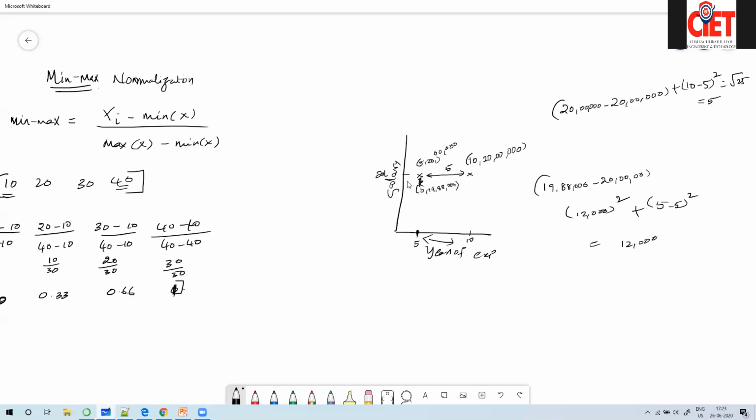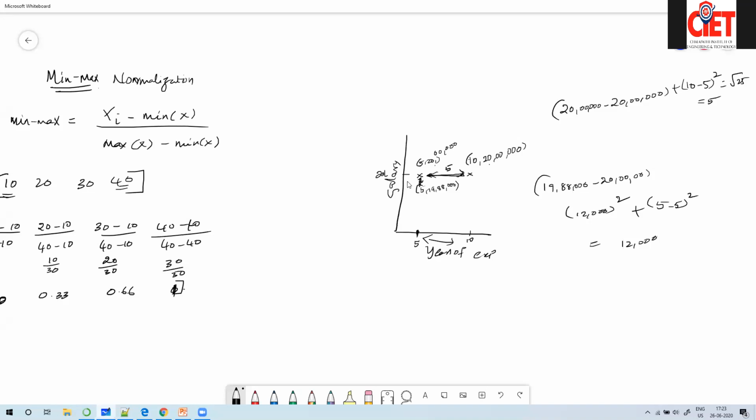These two observations, someone with 5 years of experience having 20 lakhs as salary, someone with 10 years of experience having 20 lakhs as salary, there is a huge difference between these two people. Now that has to be accounted for.